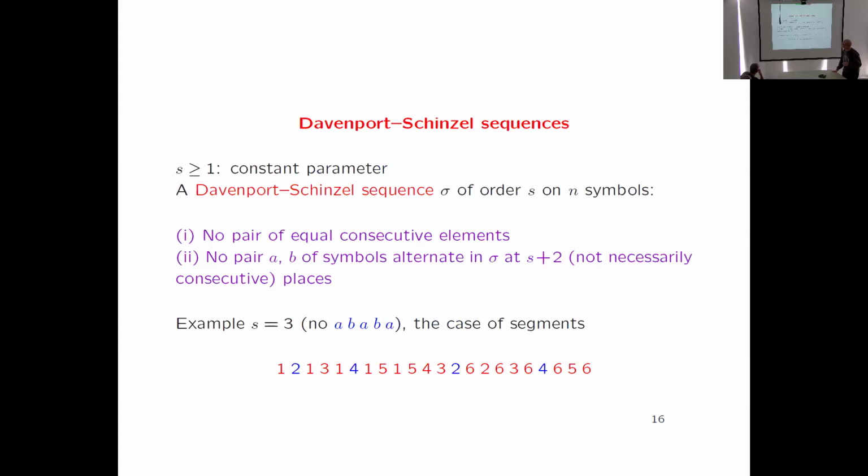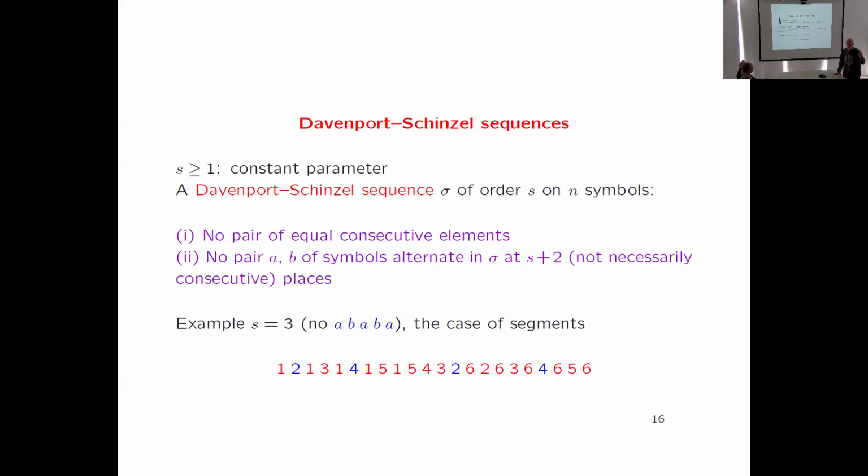Okay. In general, this is just a case of segments. In general, you can have arcs, you can have functions of all kinds, and there is a parameter s that comes from a sequence. A Davenport-Schinzel sequence of order s on n symbols is a sequence that satisfies the following two conditions. The first condition is that you cannot write the same symbol twice in a row. You cannot write 1, 1.